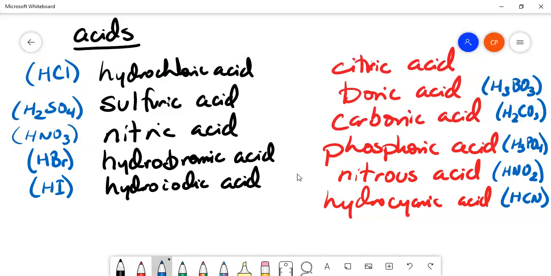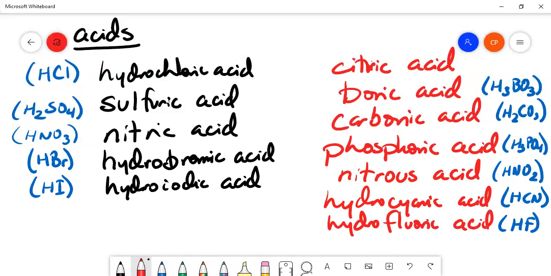HF. Hydrofluoric acid. Oh, I just broke my pattern again. If you started to know where I was going with hydrochloric, hydrobromic, hydroiodic, I just completely broke the pattern with hydrofluoric.